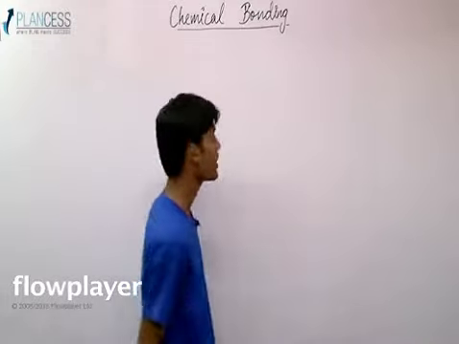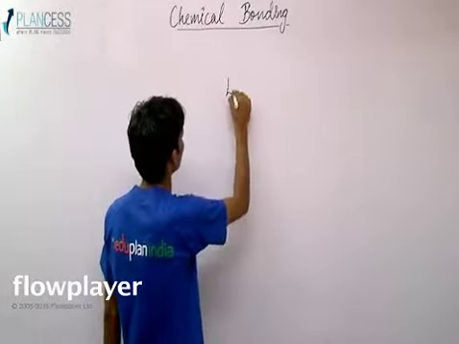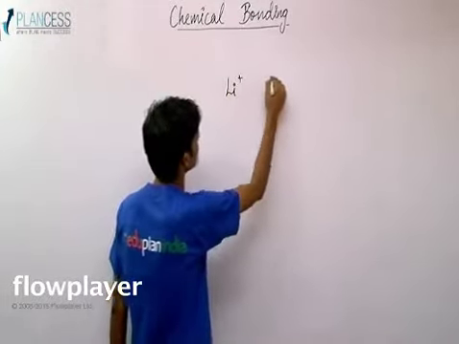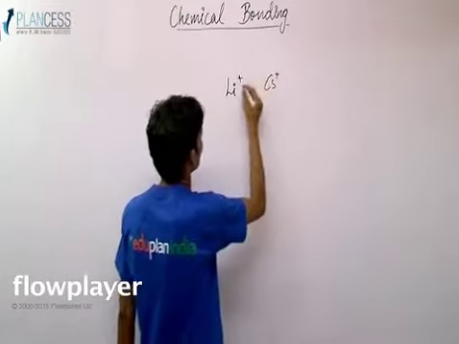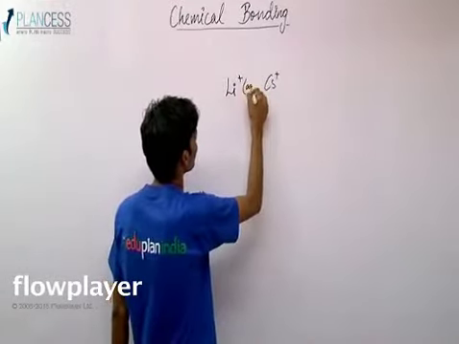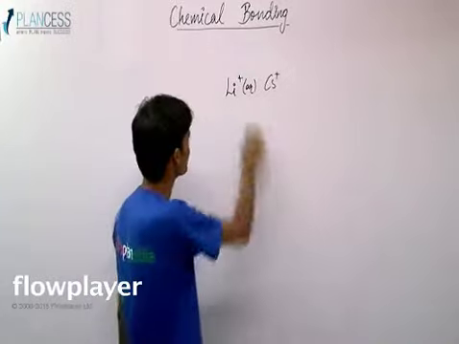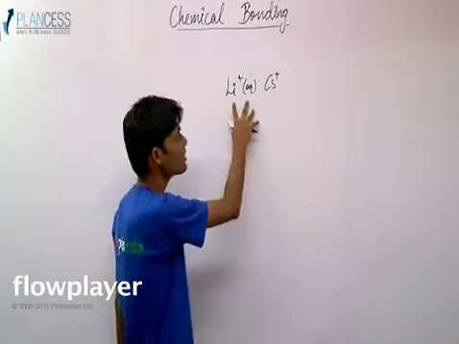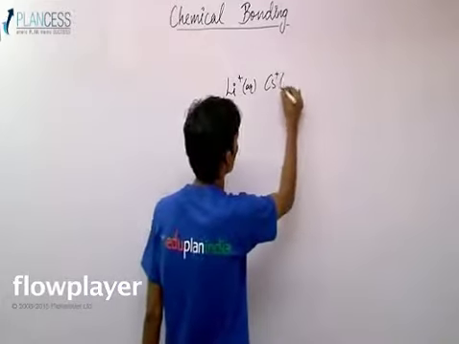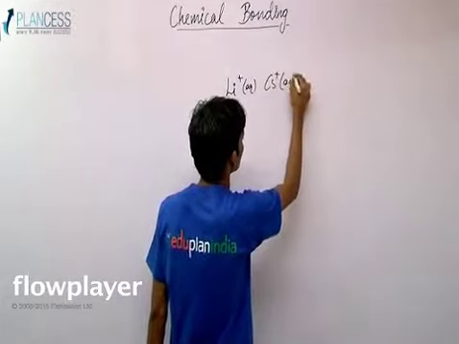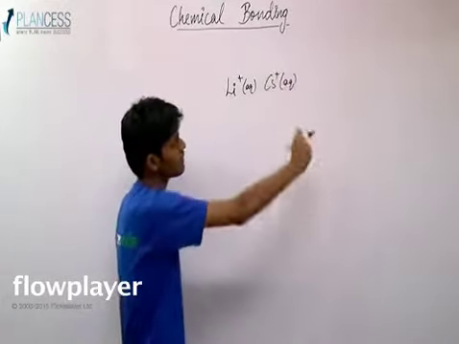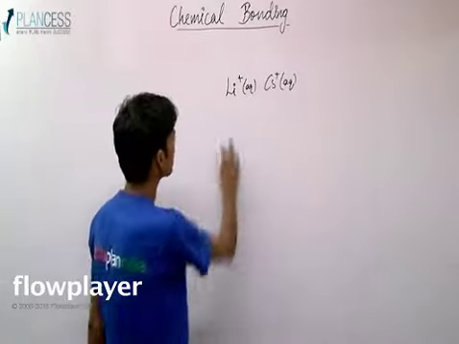So let's compare two ions, Li+ and Cs+. When I write aq, this would mean it is in aqueous form or hydrated form, dissolved in water. We know that these belong to the alkali metal group.